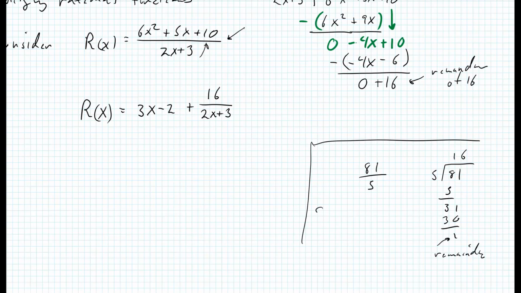So 81 over 5 is the same as 16 and 1/5. In the same way, this is the whole number of divisions, how many times the polynomial 2x plus 3 goes into 6x squared plus 5x plus 10. And then there's a fractional part left over, 16 over 2x plus 3.